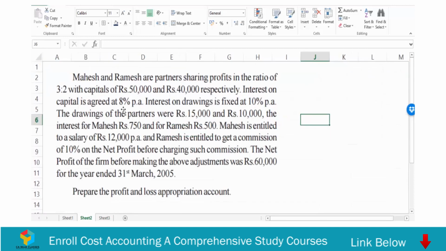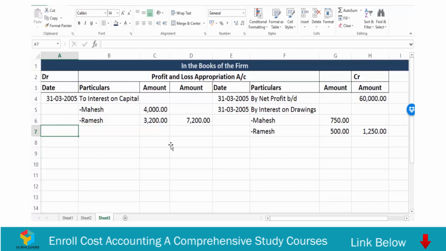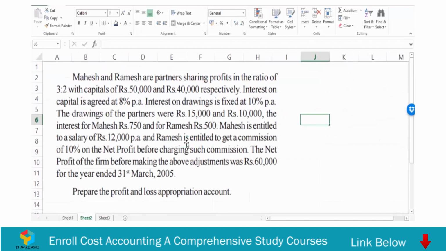Then any other item, apart from interest on drawings, which is covered? Mahesh is entitled to a salary of 12,000. So let's capture, and we'll assume the same date for salary for Mahesh. And what was the amount? It's 12,000. Then Ramesh is entitled to a commission of 10% that we will be calculating.